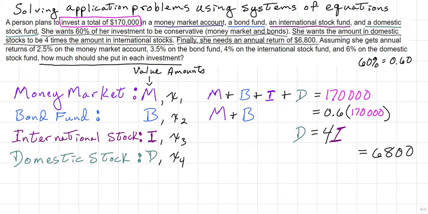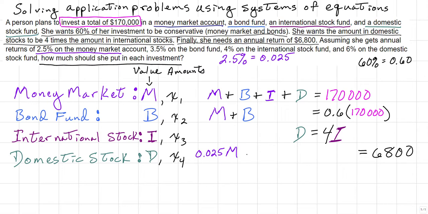Now, assuming she gets an annual return of 2.5% on the money market, what does that mean? Well, 2.5% as a decimal is 0.025. So I will go ahead and take that value and multiply it by the money market investment.